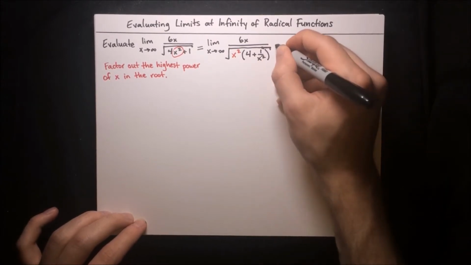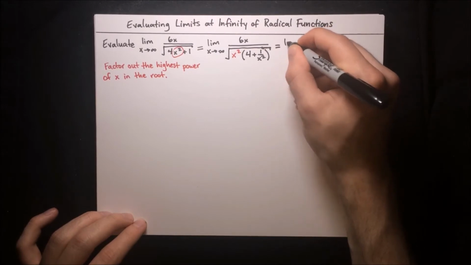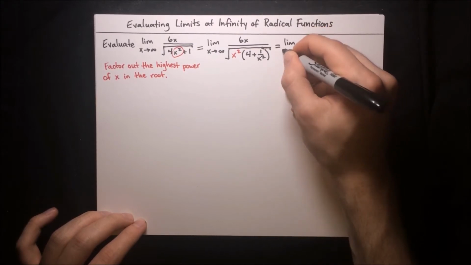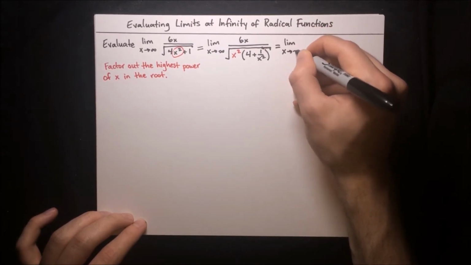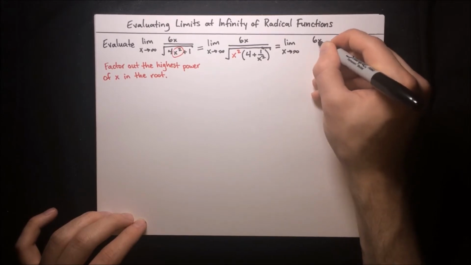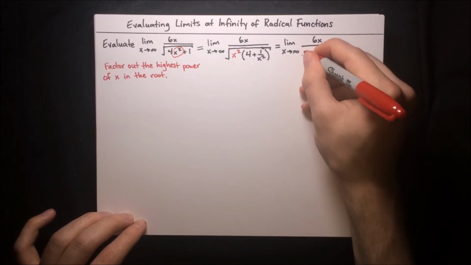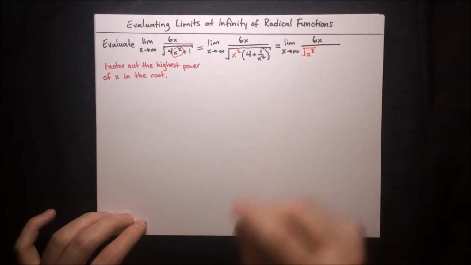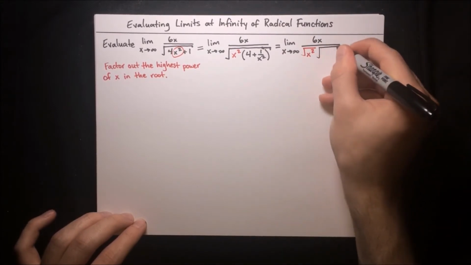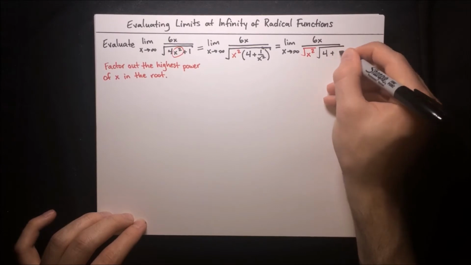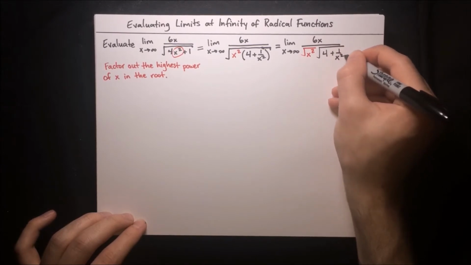And then we just write the limit again, separating out the product in the root, so it becomes a product of roots. So limit of 6x over, first we've got the square root of x squared, and then we've got the square root of all the other stuff, the 4 plus 1 over x squared.